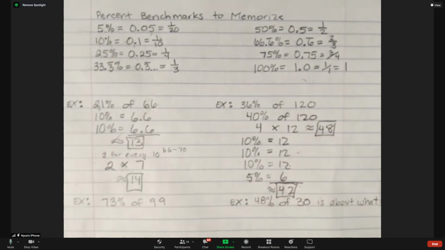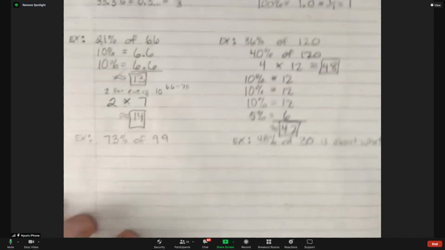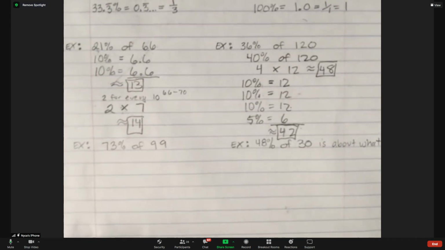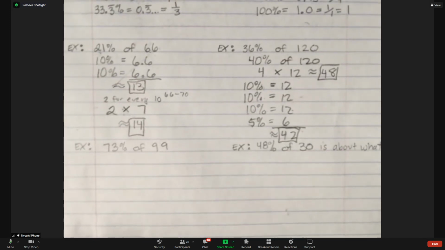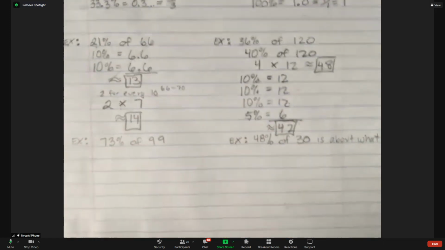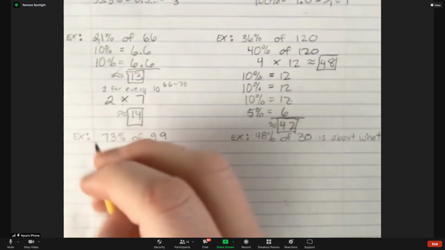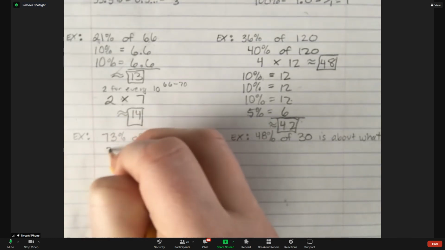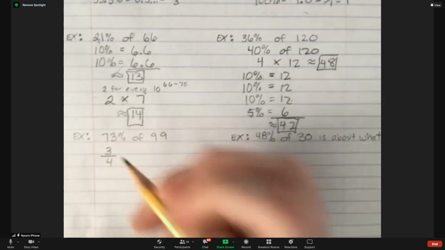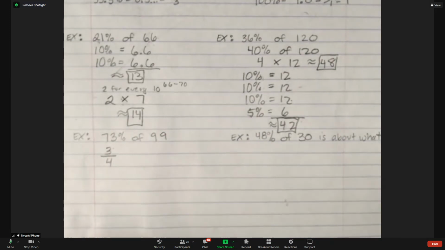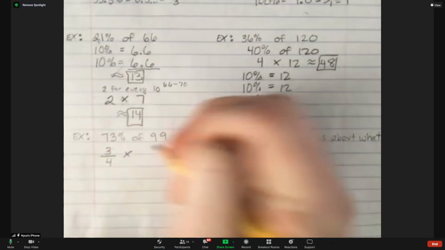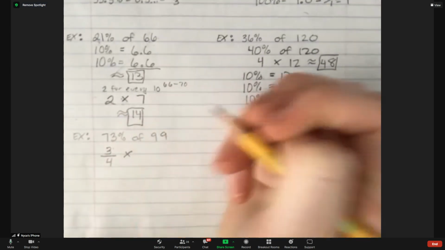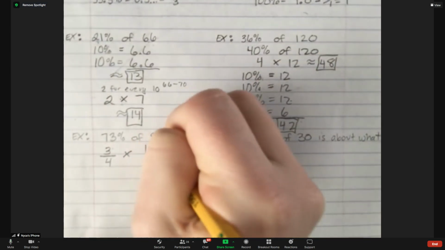Other ways that we could do this is using the fraction method, especially if you have compatible numbers. So 73% of 99, you might want to think, all right, well, 73% is about 3/4 because that's what 73% is as a fraction, times 99, which would be close to 100.